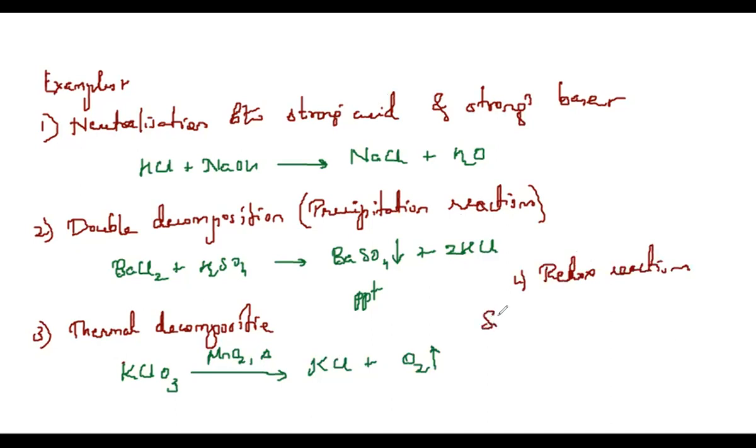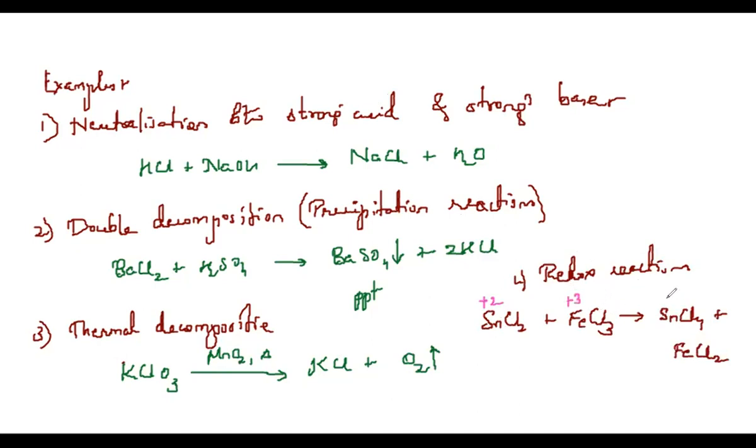Oxidation and reduction take place simultaneously. SnCl2 plus FeCl3 gives me what? It gives me SnCl4 plus FeCl2. So you can see here, how can I call it redox? Here Cl is -1, into 2, -2, so Sn is +2, correct? And here Fe is +3.